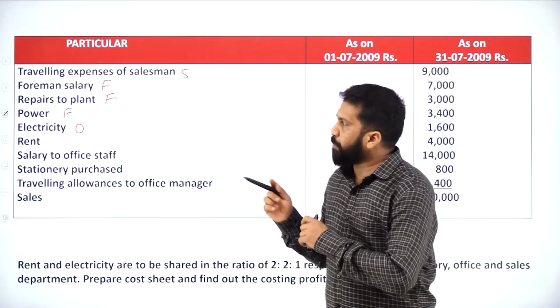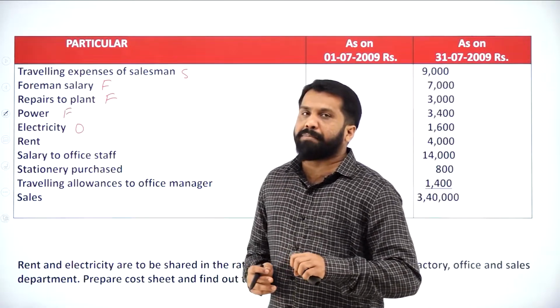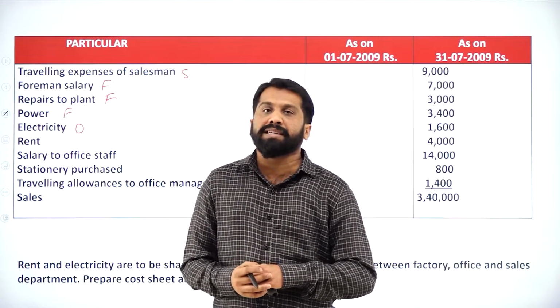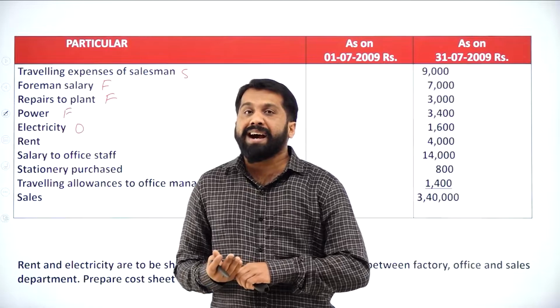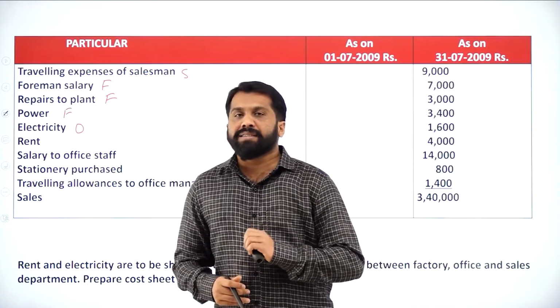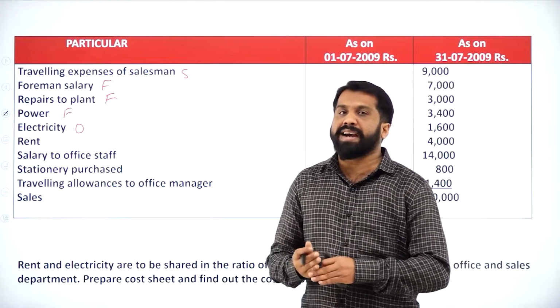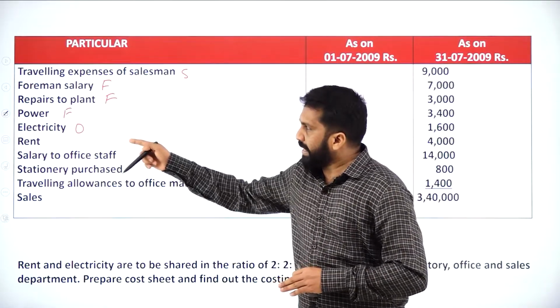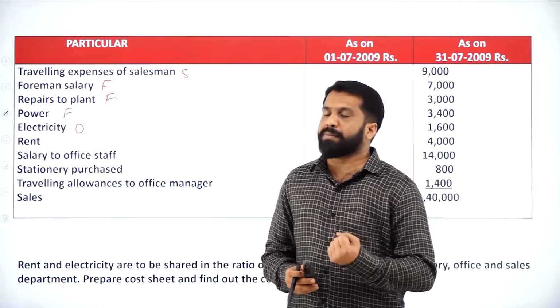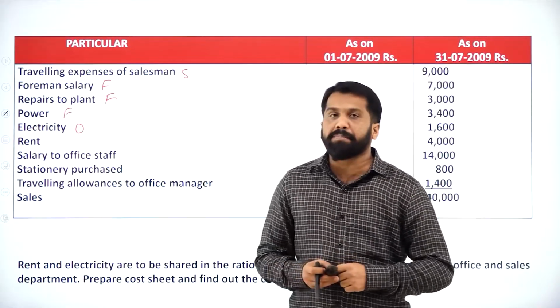Because power means to run a machine, we need a huge power requirement. Power requirement is higher. Your electricity is always less. Just to run your computer, light, fan and all, we use electricity.